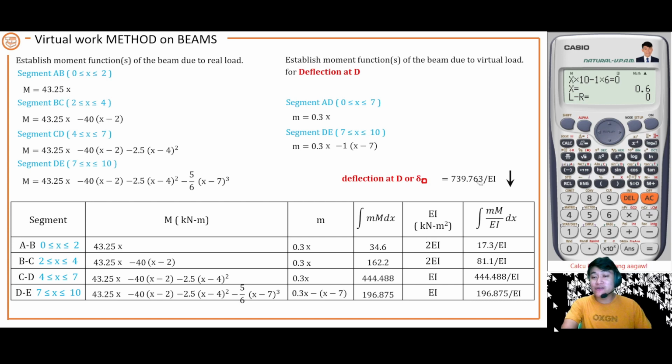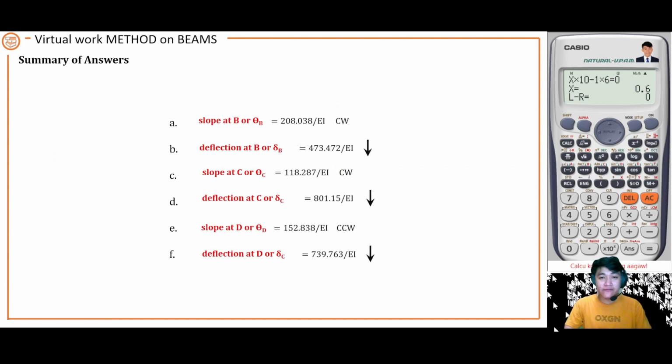And as we can see, positive ang answer, meaning tama yung assumption. The downward yung deflection. And that's it. So for virtual work method, I hope you understand the concept of using virtual work method and identifying slope and deflection for a certain beam. Okay? So anyway, for the summary of answers, so these are your answers.